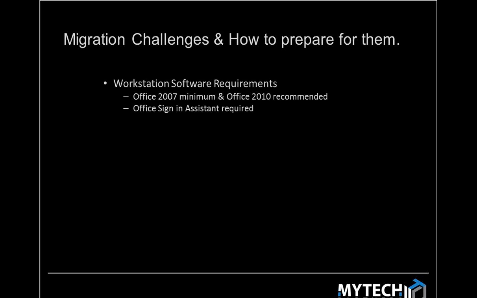With Office 365 and Lync, you will never be able to connect to the actual Lync server or services without this sign-in assistant. It creates that link and helps your computer know that you need to connect online and stay online.